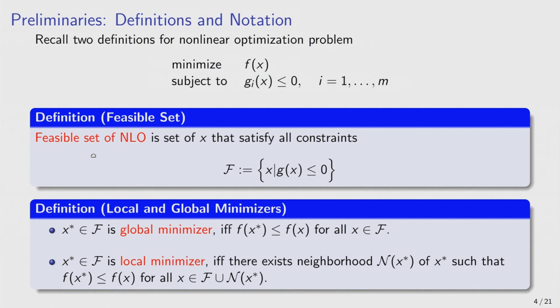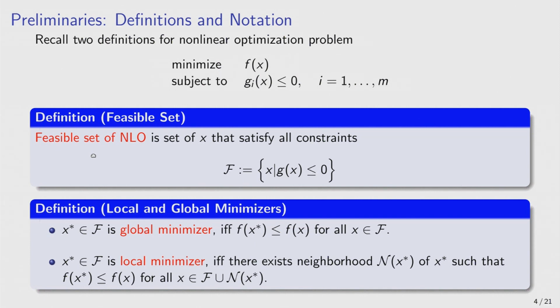And we had looked at the definition of local and global minimizers, but we don't really need it for this lecture. So I just put it in there because otherwise the slide would have been a little bit empty. But just as a reminder, a global minimizer is a feasible point in the feasible set such that there exists no point that is lower than this x star inside the feasible set.